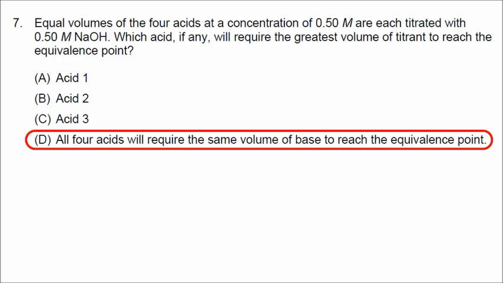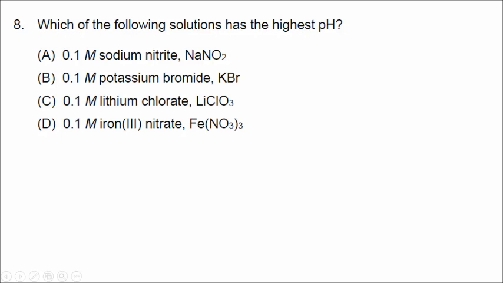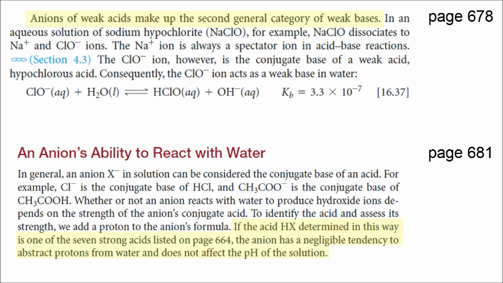reach the equivalence point. Question 8 gives us 4 different salts, and we have to decide which one has the highest pH. On page 678, it says that anions of weak acids are one example of a weak base.